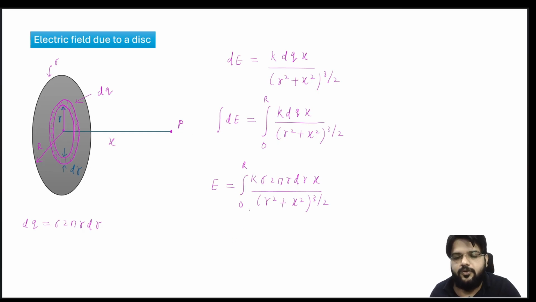So we will put all constants outside the integration. k, sigma, 2 pi, x, and R square and x, these all are constants, everyone.